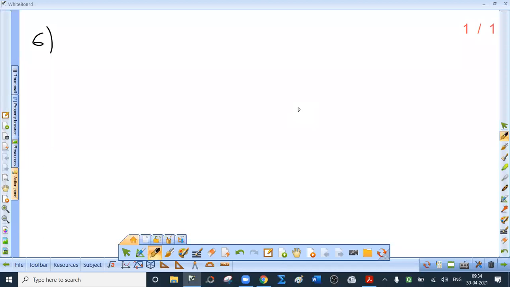So write the solution. I'll dictate initial part.